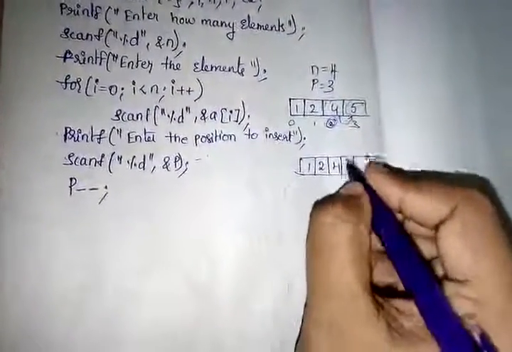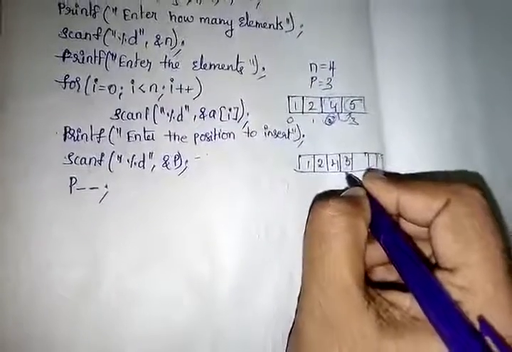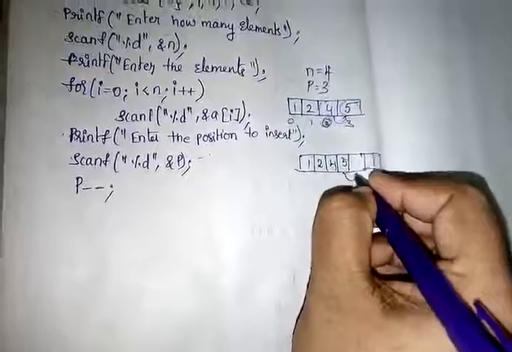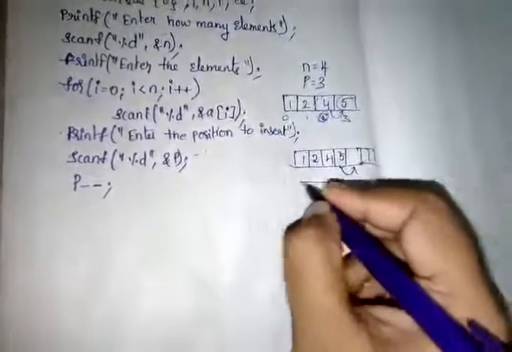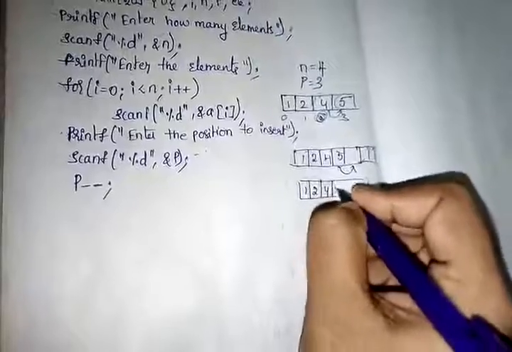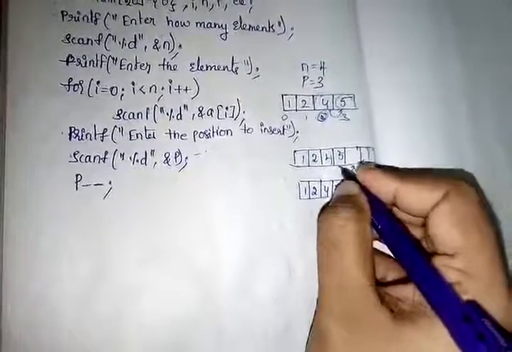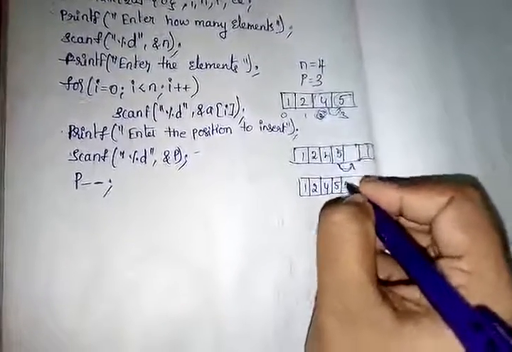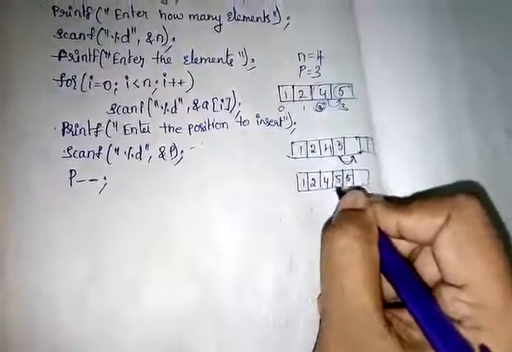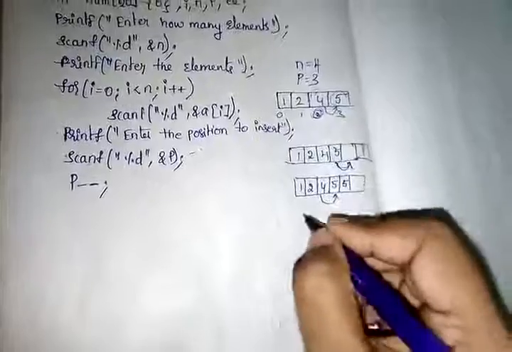So now what I am doing is, from the nth element, I am going to move it one position back. Then it becomes 1 2 4 5, and then this will be copied to the next element also. It is 5. Now in this position I'll move 4.